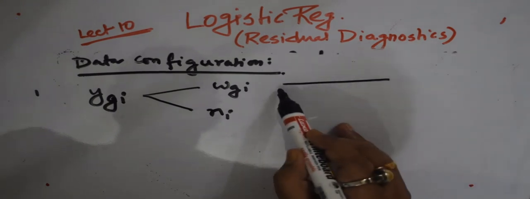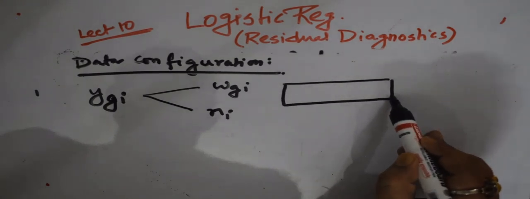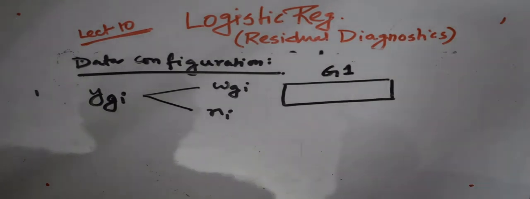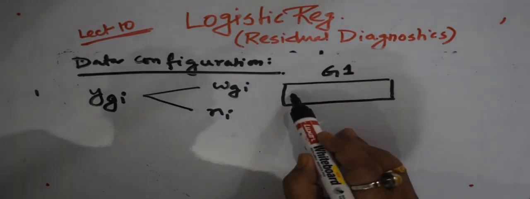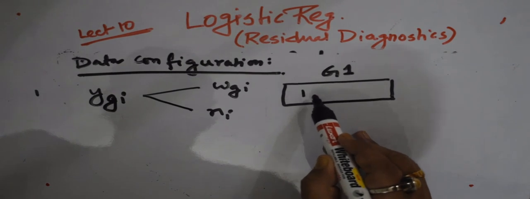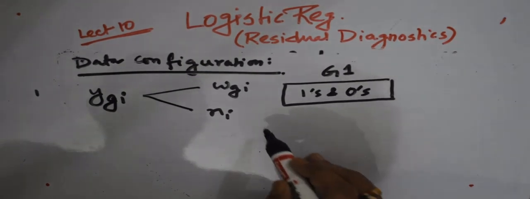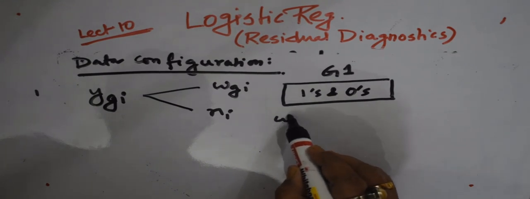Consider group 1, which consists of ones and zeros.